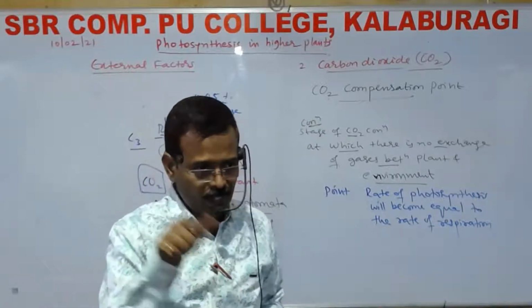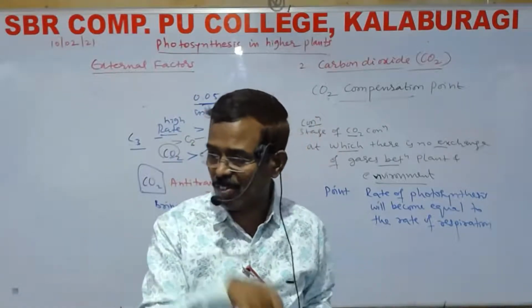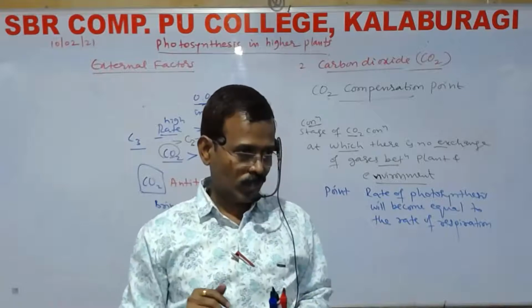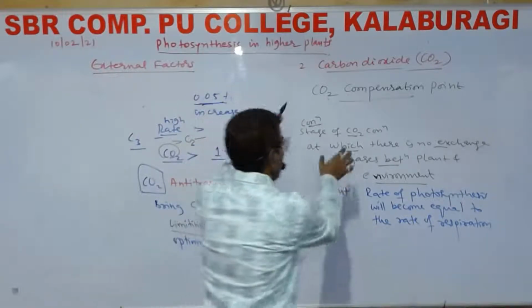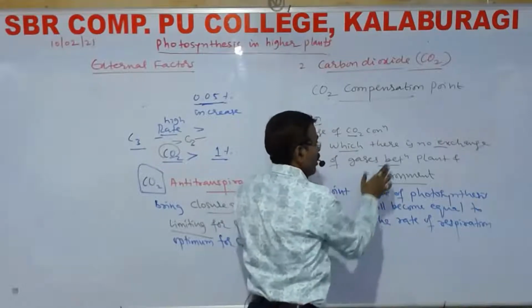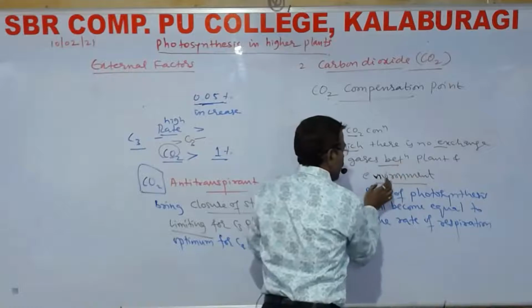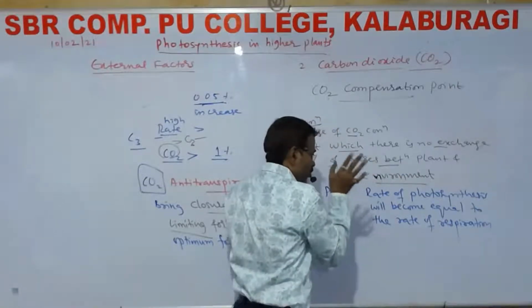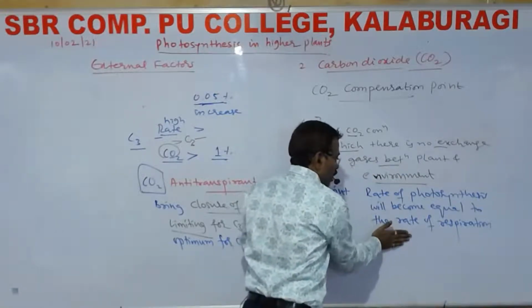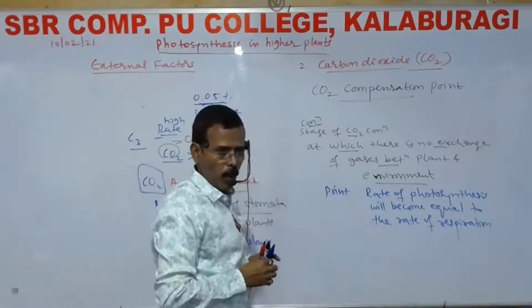After respiration, carbon dioxide is released, and carbon dioxide is necessary for photosynthesis. So the stage of carbon dioxide concentration at which there is no net exchange of gases between the plant and the surrounding environment, at this stage photosynthetic rate is equal to respiration rate. That is the carbon dioxide compensation point.